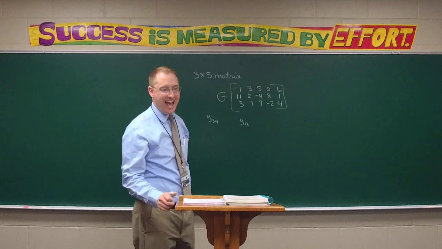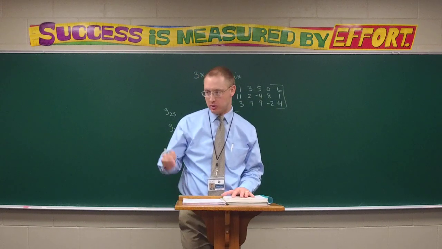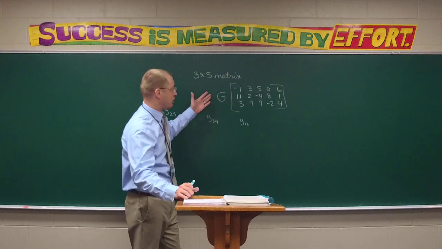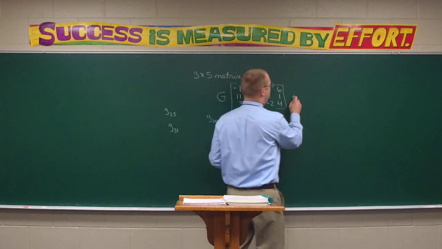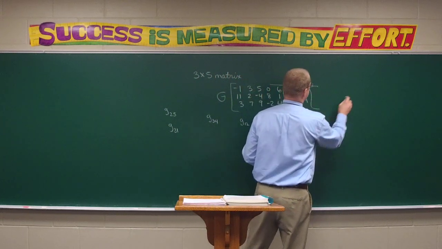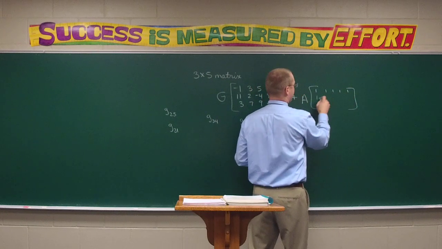We said if we wanted to add matrices together, what had to be true of those matrices? They had to be the same size. So if matrix G is a 3 by 5 matrix, I can only add to it, let's go with an A matrix here, another 3 by 5 matrix.